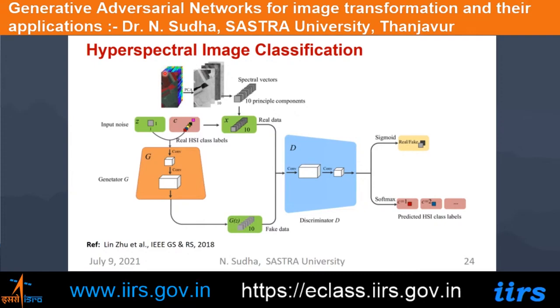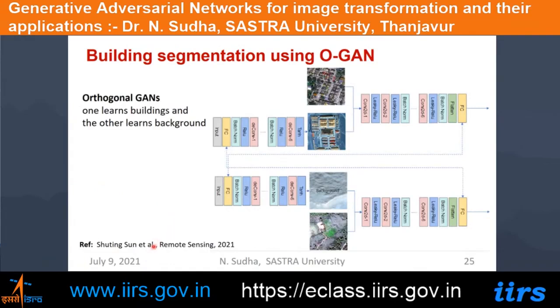Then building segmentation is another application in remote sensing. There is a very recent application in 2021, published in Remote Sensing Journal. Here they are using something called O-GANs, which are orthogonal GANs. There are two GANs here. One GAN tries to learn the buildings from the image, and the other GAN tries to learn the background.